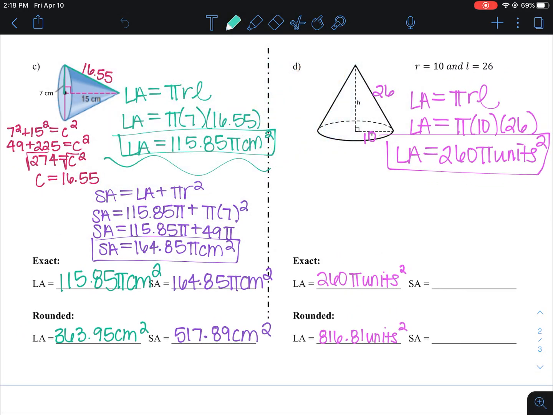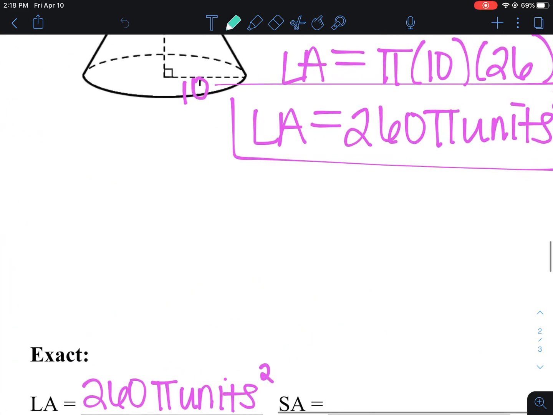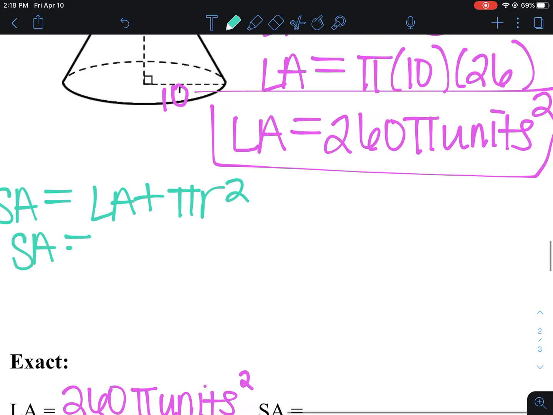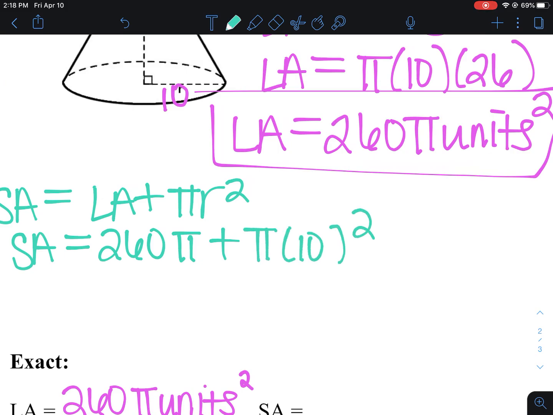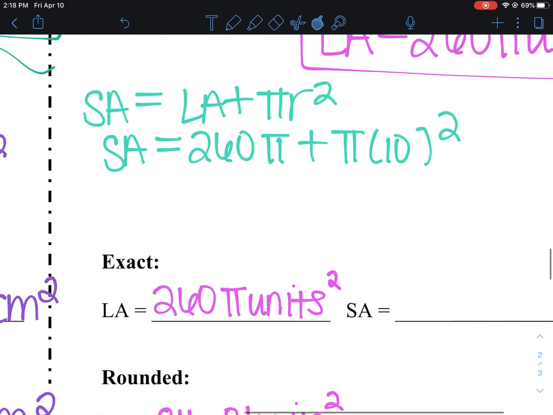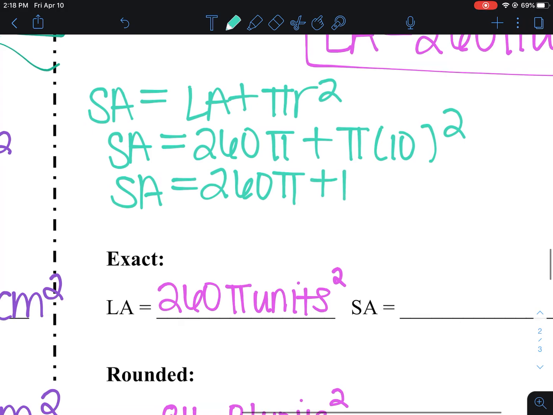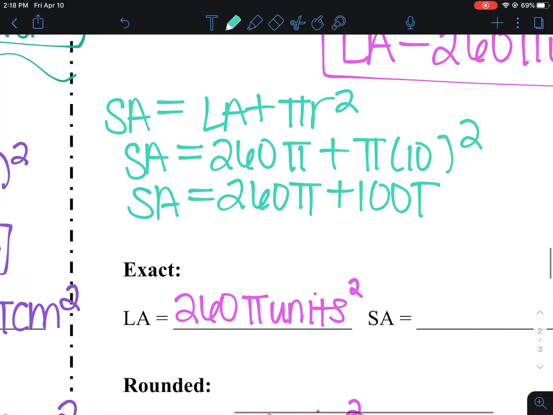Okay, and then, so that's lateral area, and then for surface area, remember, it's the lateral area plus pi r squared. So we just found the lateral area is 260 pi. And then pi, the radius is 10 squared. So that is 260 pi plus 100 pi.